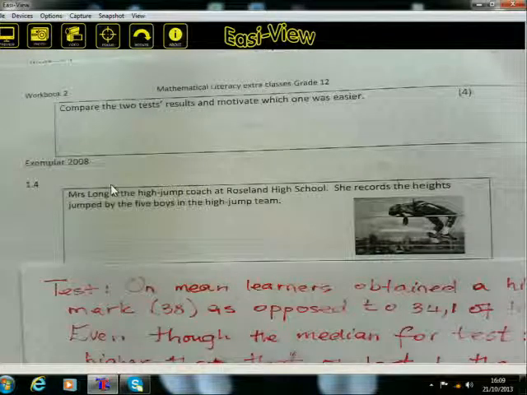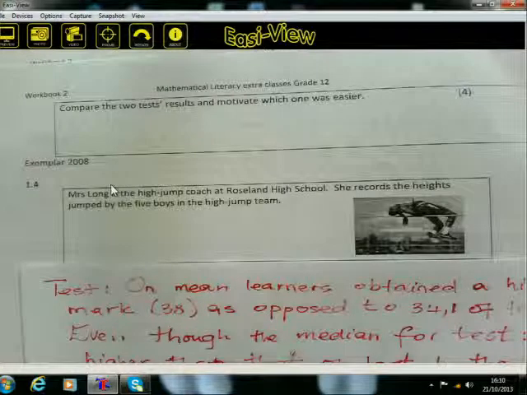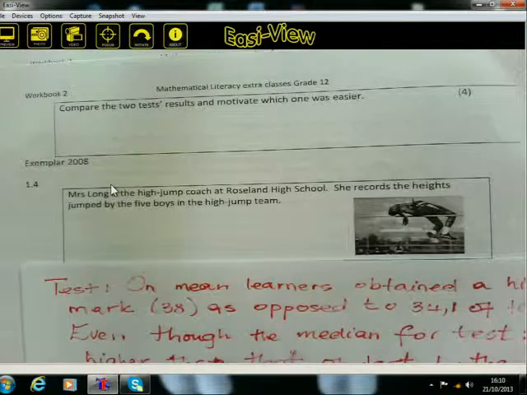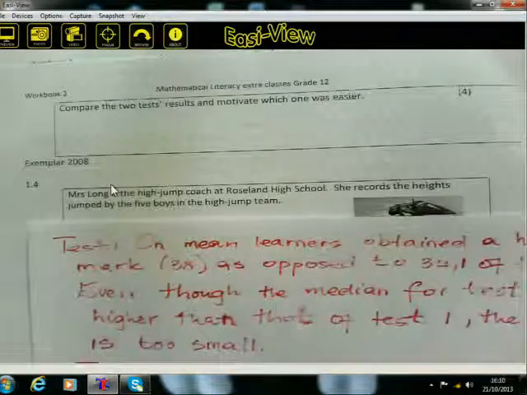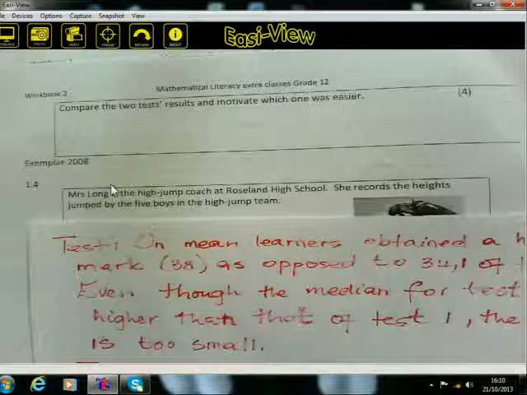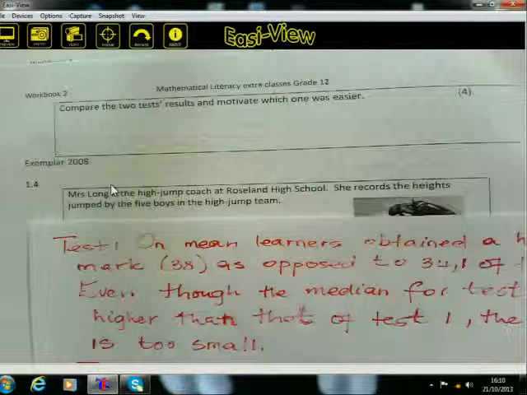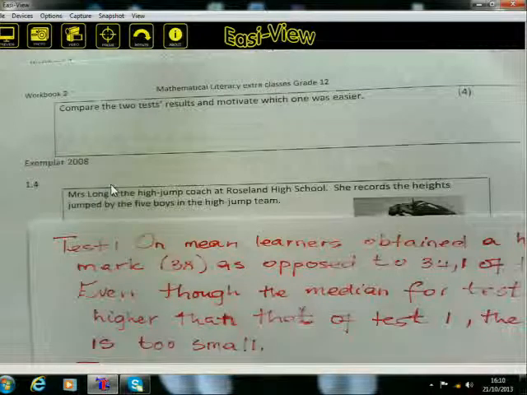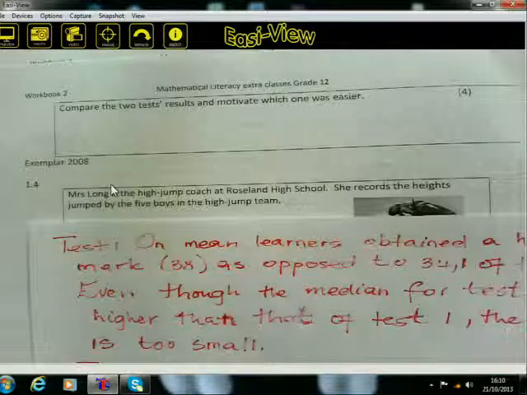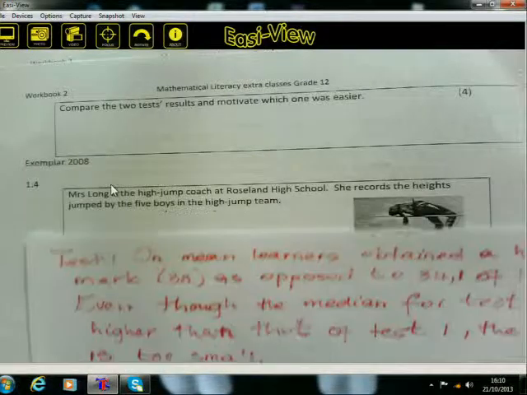Before you answer any question, it is very important to read the scenario and understand it. Let us read together. Miss Long is the high jump coach at Roseland High School. She records the heights jumped by the 5 boys in the high jump team.